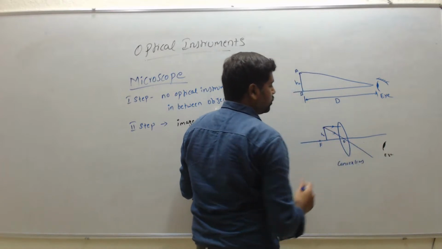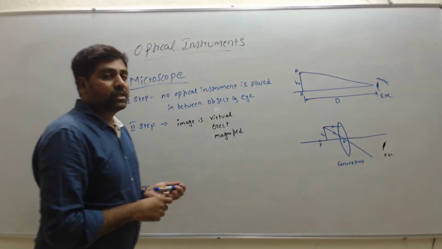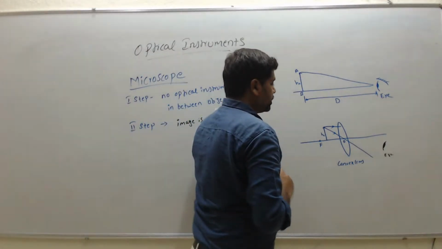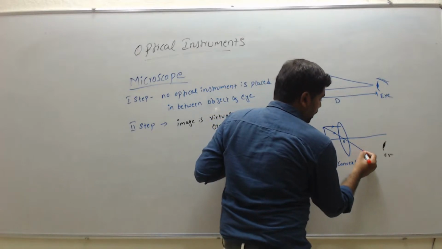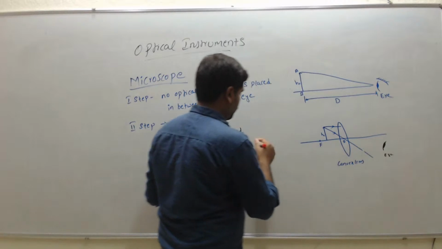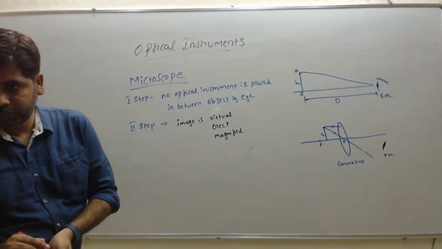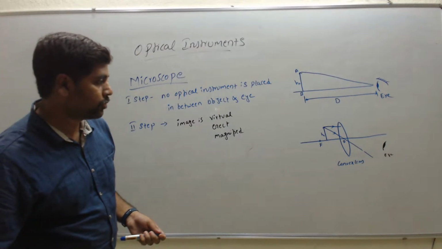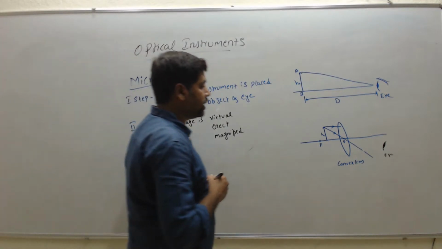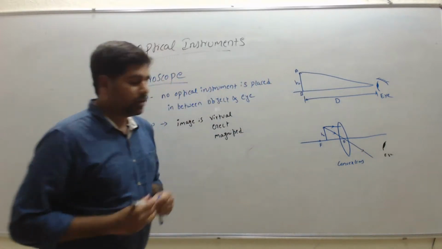If the ray is passing through the optic center, it won't deviate, that is, it goes straight without any deviation. Then this one becomes the refracted ray.